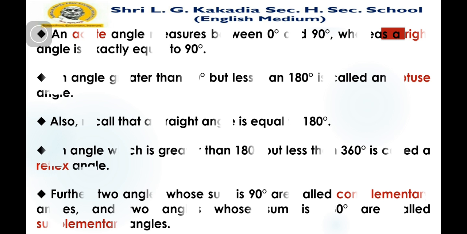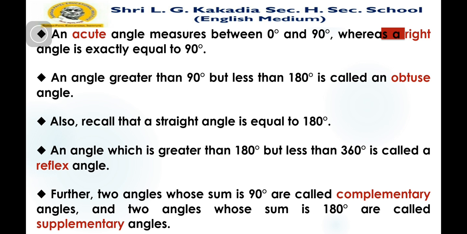So here we can define all the angles. An acute angle measures between 0 and 90 degrees, whereas a right angle is exactly equal to 90 degrees. An angle greater than 90 but less than 180 is called an obtuse angle.